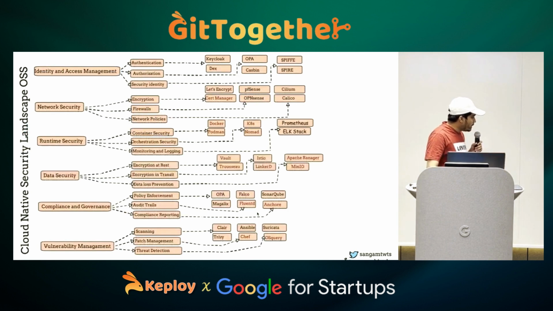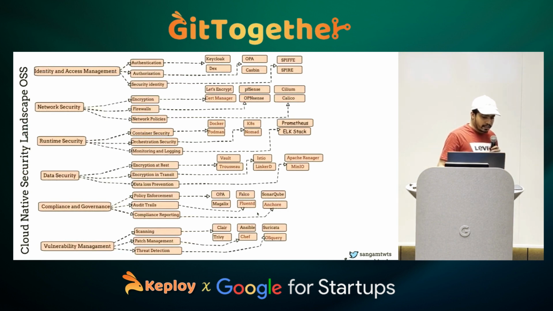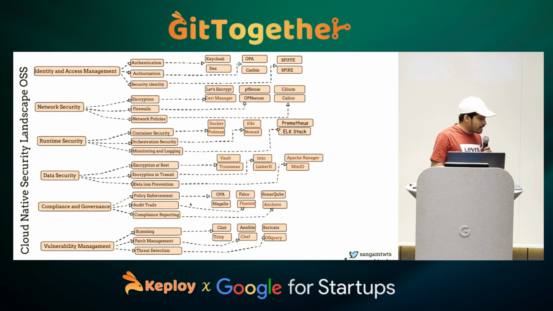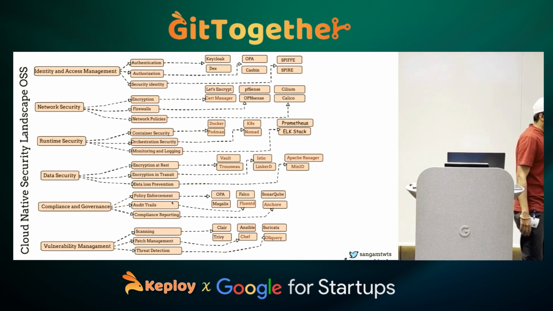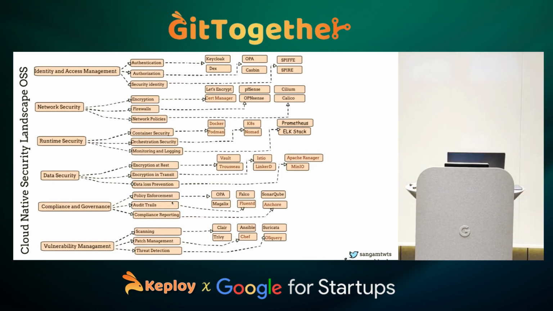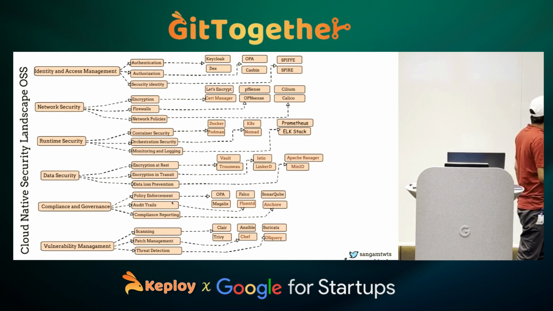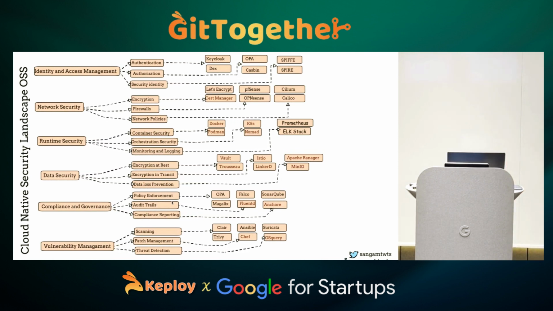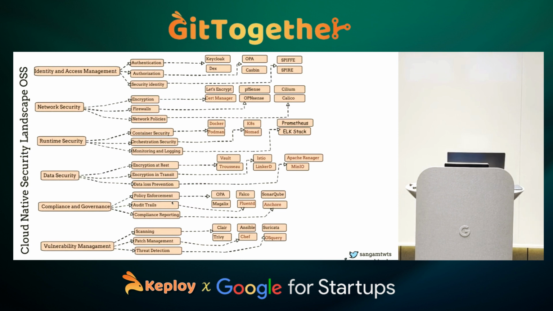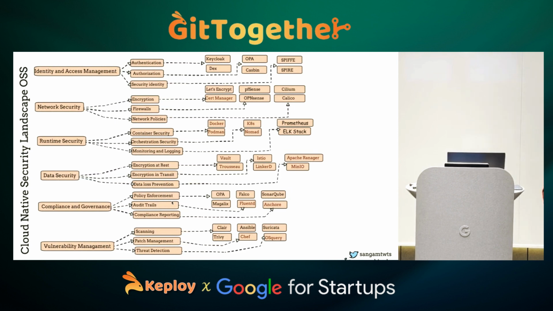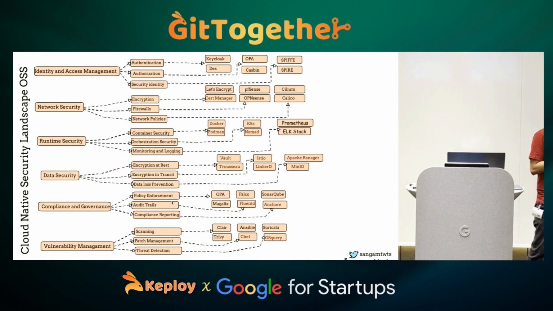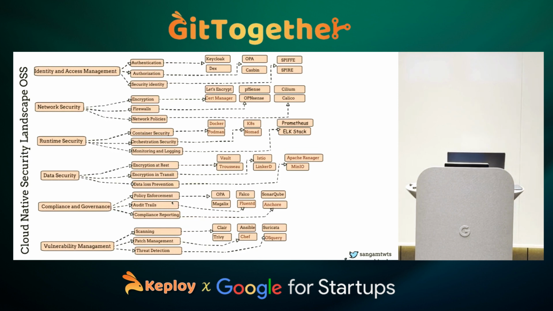So when I say cloud native landscape, I divided it into 6 categories. One is identity management, IAM. Then network security, how you are deploying the application, what it is talking with. Another is runtime security, because you are deploying an application, you need to get some kind of telemetry data from it.